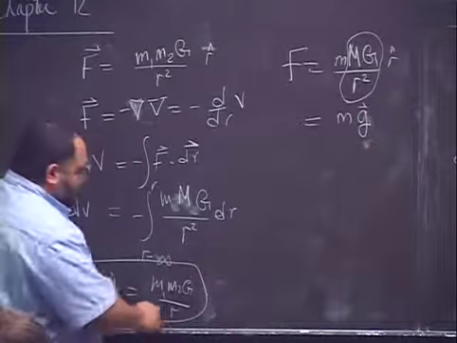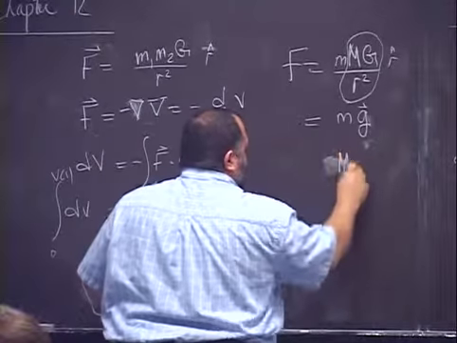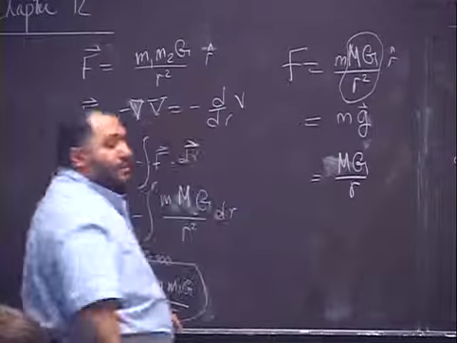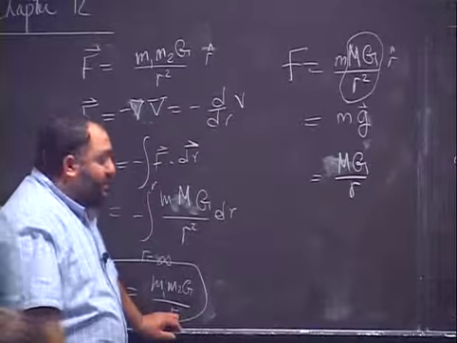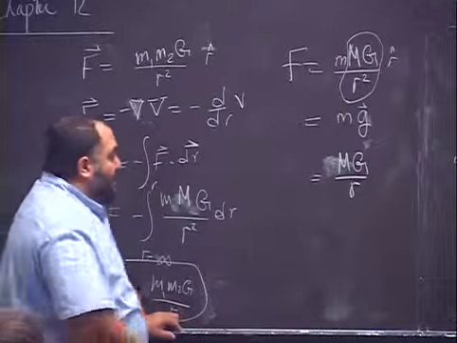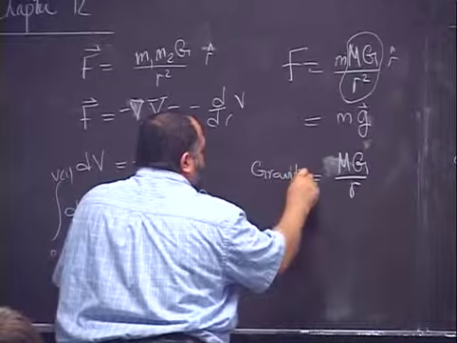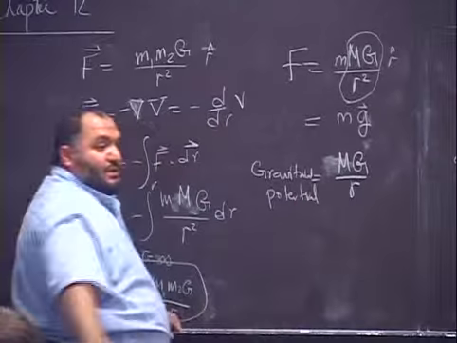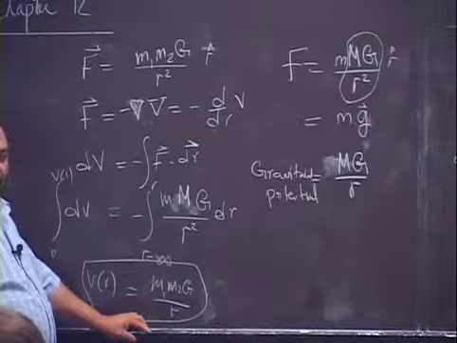So this is the acceleration. And what's this? For the Earth. Yeah, but this is not this is what? This is the gravitational potential of the Earth. Gravitational potential of the Earth. Yes?